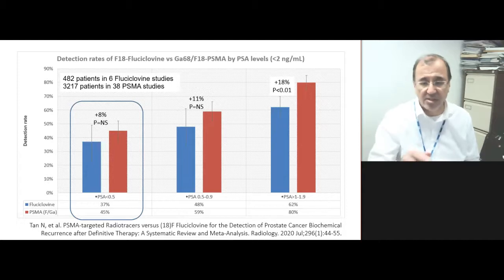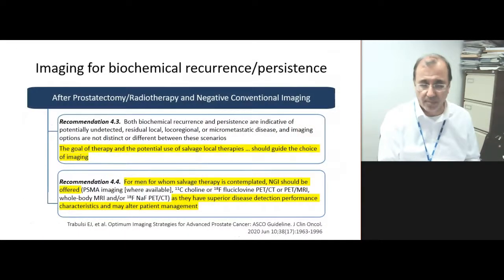And clearly, as the PSA level increases, and on the right hand side you can see it's above 1, you can see an increasing proportion of patients with PSMA positivity, with a significant difference when compared to fluciclovine.